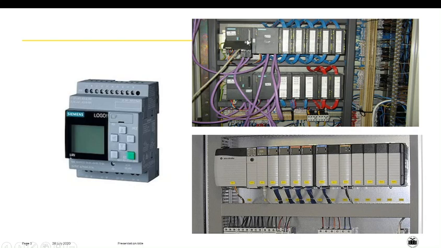Along with this, a separate power supply or combined power supply may also be given in the PLC. So this kind of structure is a modular PLC, and this is a fixed kind of PLC, which is a small PLC. You can extend this PLC to a greater extent as per the needs of the industry.